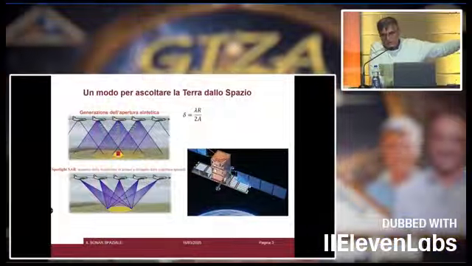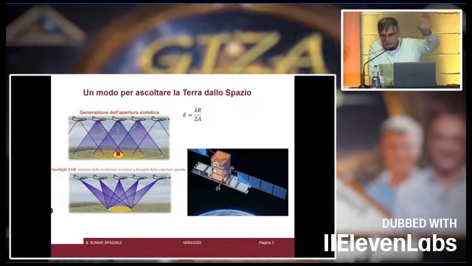One can imagine a satellite flying in space. And here I tell you that the satellites for remote sensing usually travel in a circular orbit, South Pole to North Pole, South Pole to North Pole. And then the Earth rotates beneath them.